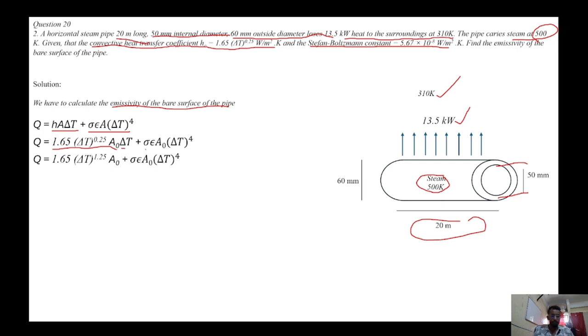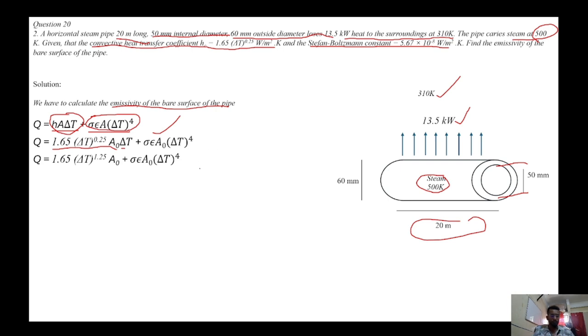Then del T, similarly for radiation. This whole term is for heat transfer due to convection and this whole term is for heat transfer due to radiation, and it is a summation, because heat will go out as a combination of heat transfer through convection and heat transfer through radiation.